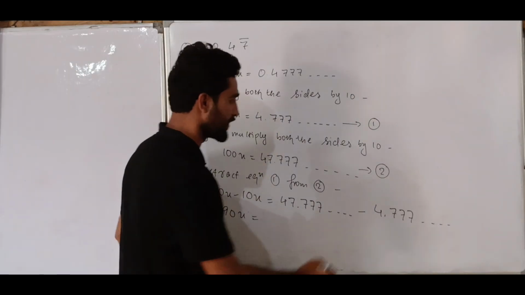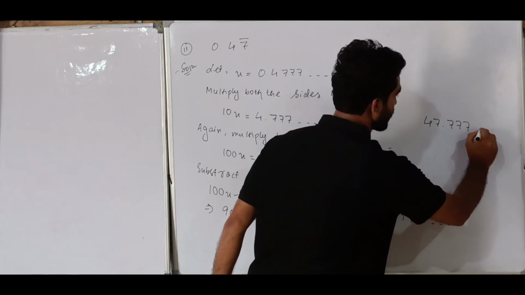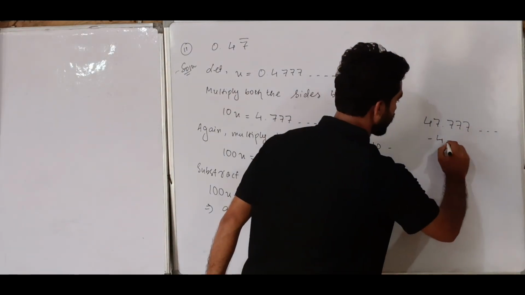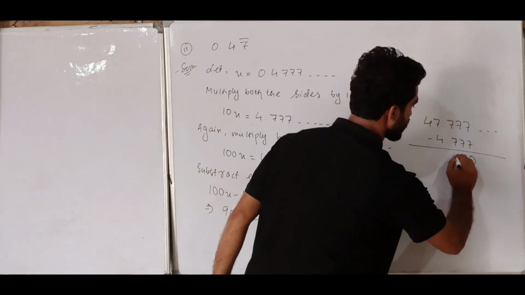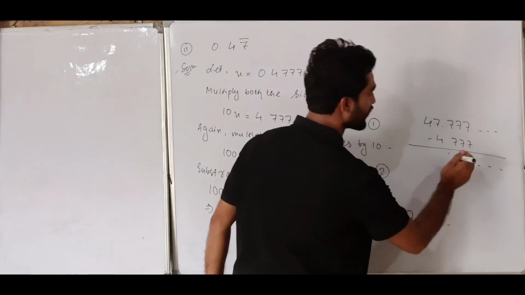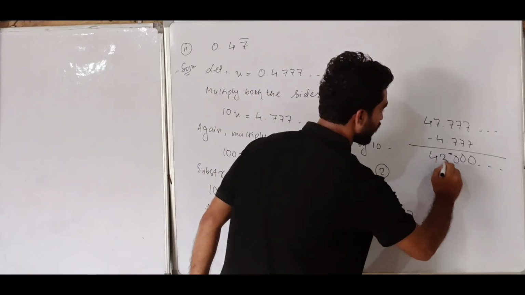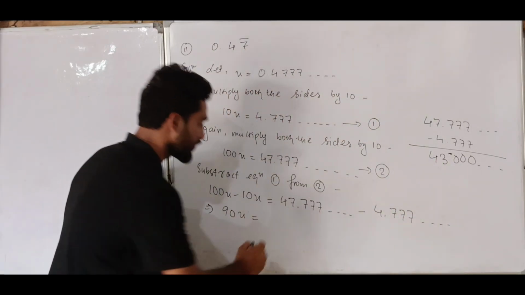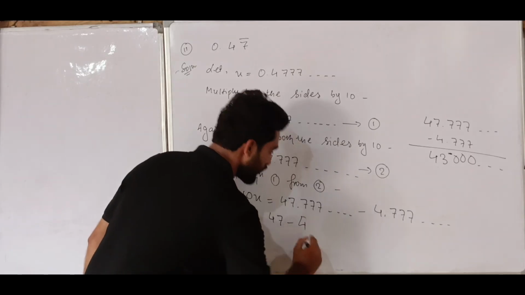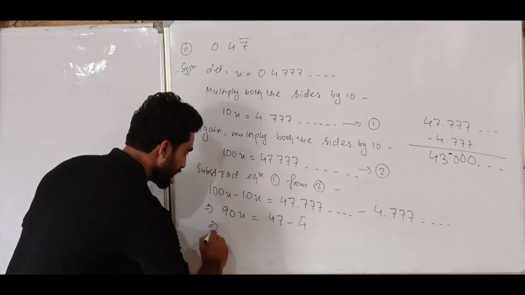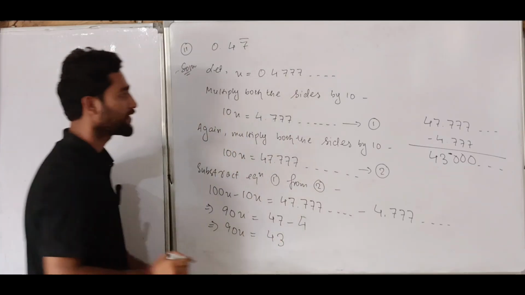This subtraction is very easy, as we discussed in the first question. 7 minus 7 is 0, so we keep getting 0 after the decimal point. 47 minus 4 is 43. So 90x is equal to 43.